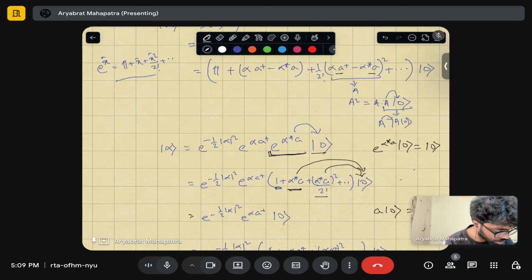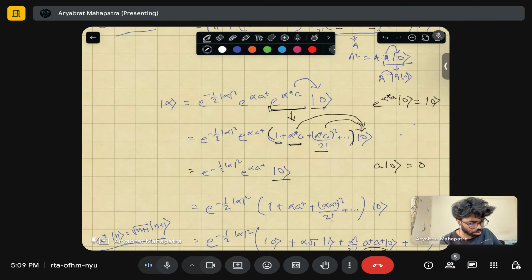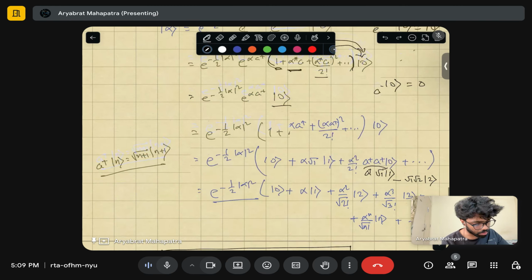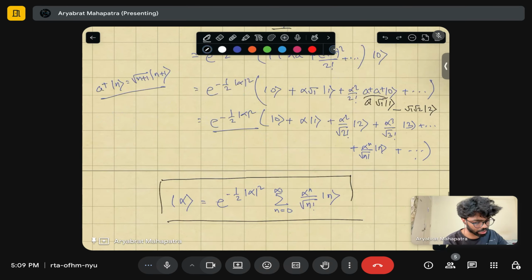So this thing you can write as this thing under the bracket, and when this whole thing acts on zero, it gives only zero. Then the only work you have to do is with this exponential, which has only one term in its exponent. So this was the task you needed to do to get this proof.